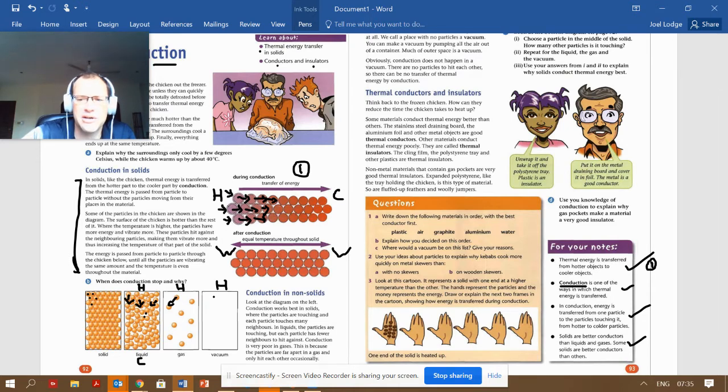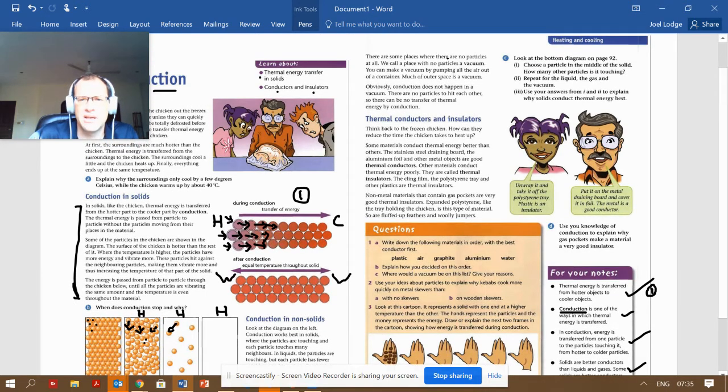There are no particles for the energy to be passed along. In gas, conduction happens very, very slowly. Gas is almost more like an insulator than a conductor. Liquids maybe conduct a little bit if the liquid is dense enough. But solids are much better at conducting heat than any of those other states.